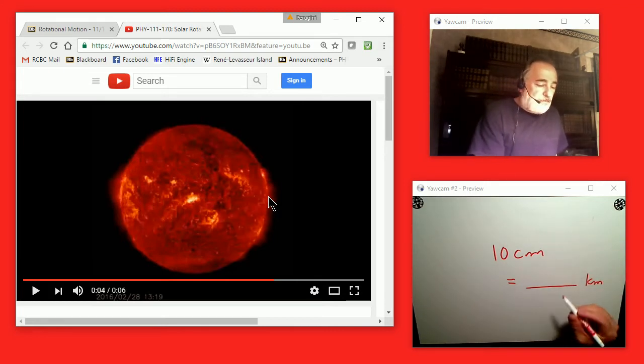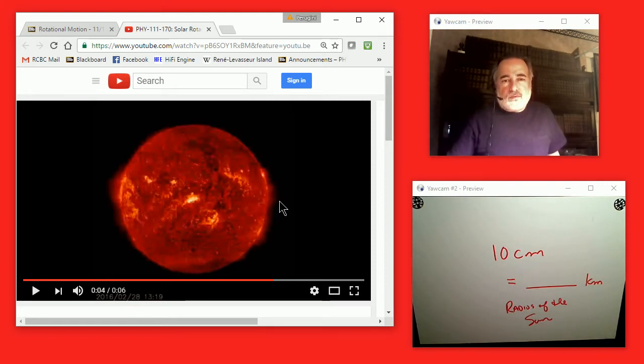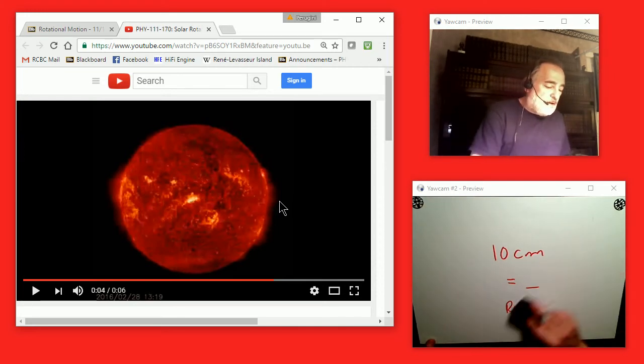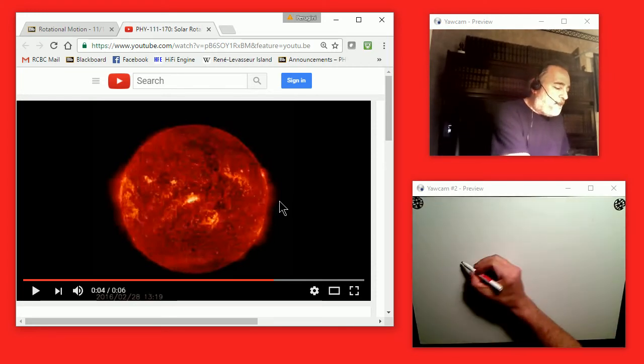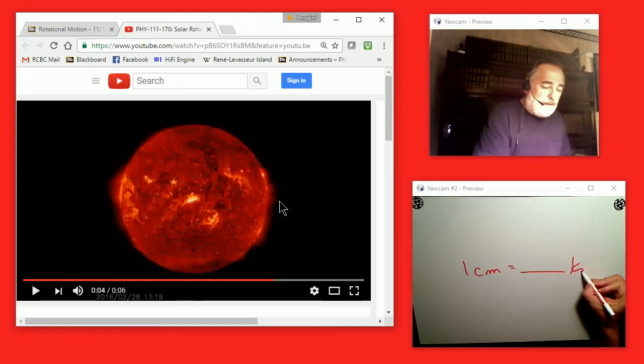Well, for the sun, you can look up the radius of the sun. And of course, we're going to multiply it by 2 because this is a full diameter. And you're going to get a scale where 1 centimeter equals a certain amount of kilometers.